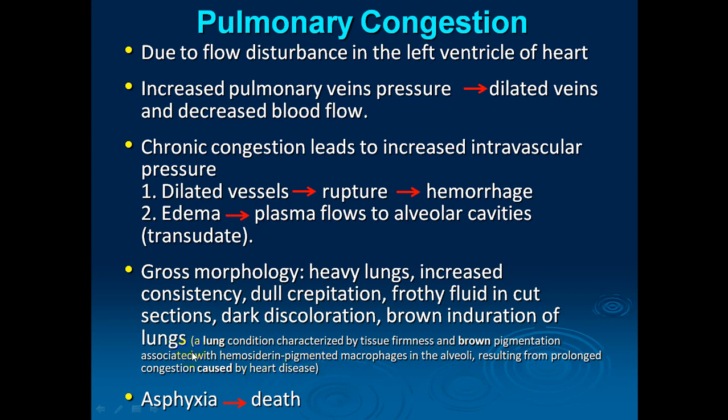In brown induration there is an increase of hemosiderin-pigmented macrophages. These macrophages ingest, or eat, the hemoglobin from the hemolyzed red blood cells. Usually this occurs in long-lasting or prolonged congestion in heart failure.